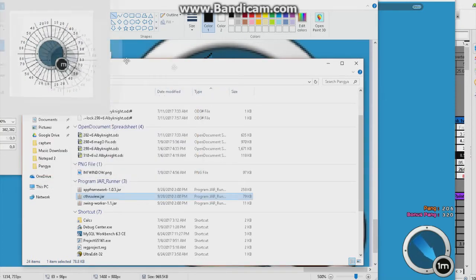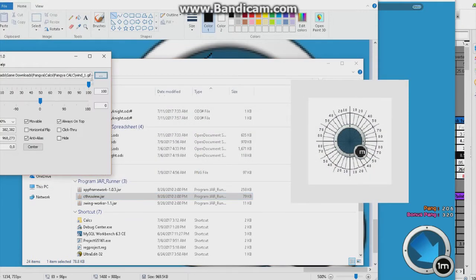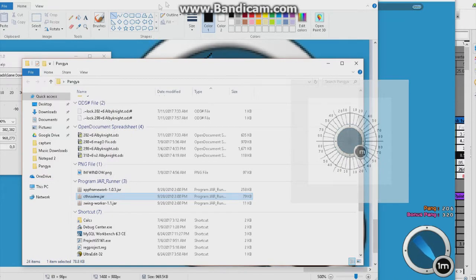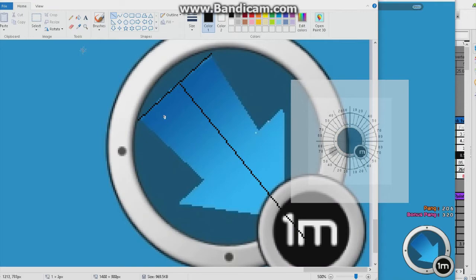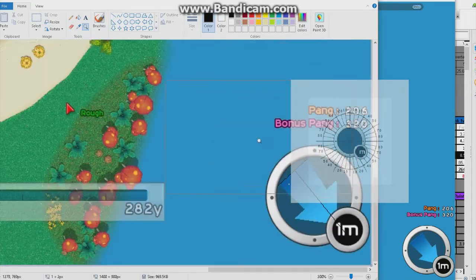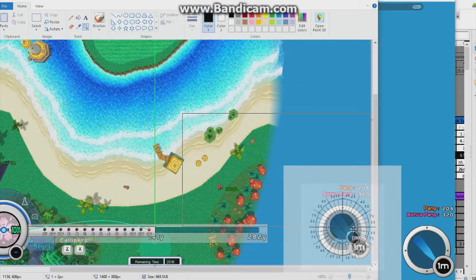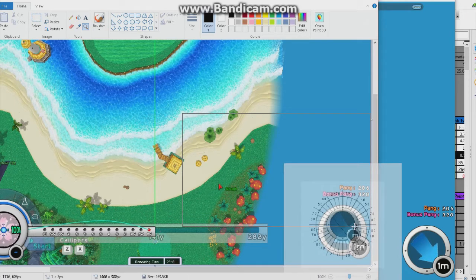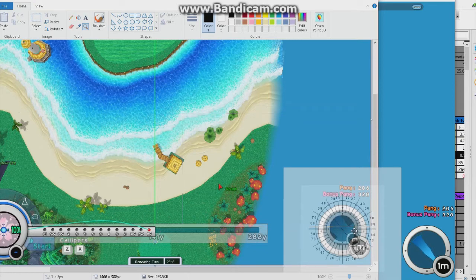And then you can simply move this image and use the opacity level. Make it see-through. Hence see-through view. And you can move it and align it. And that will help you find your angle if you don't know what it is.